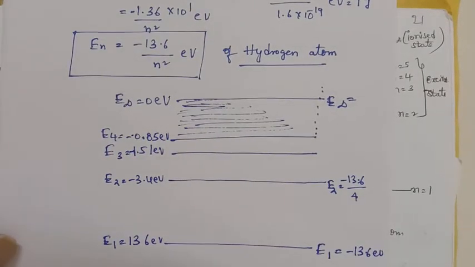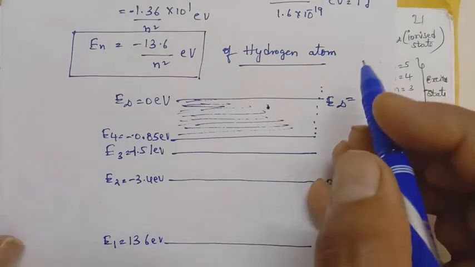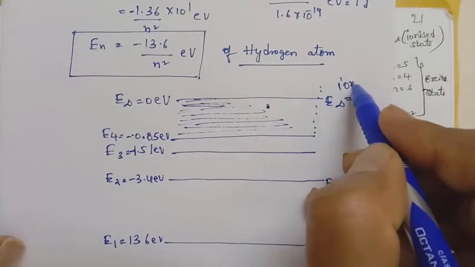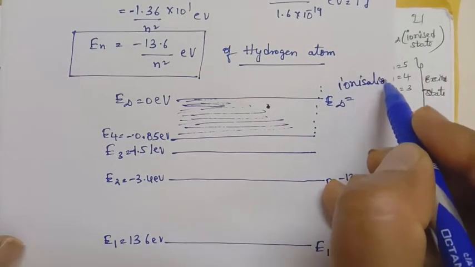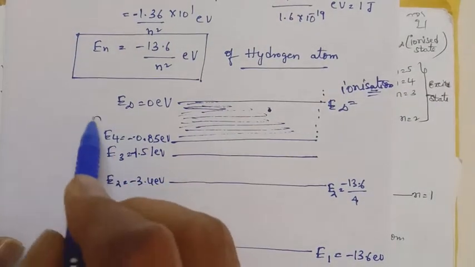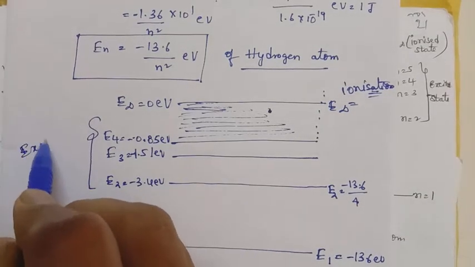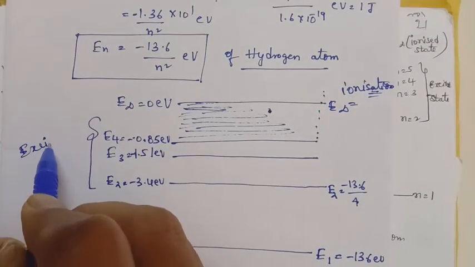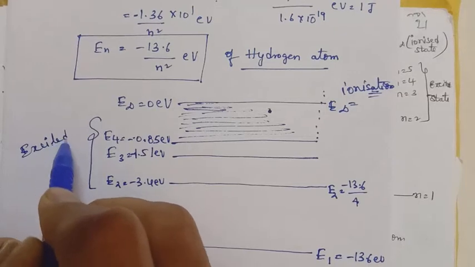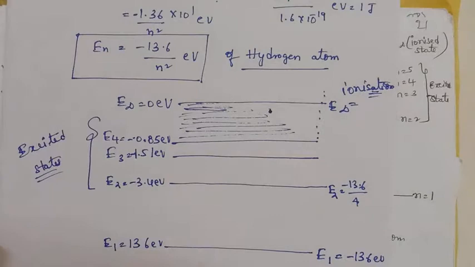So this energy state is called the ionized state, the ionization state. And these are all called the excited states.